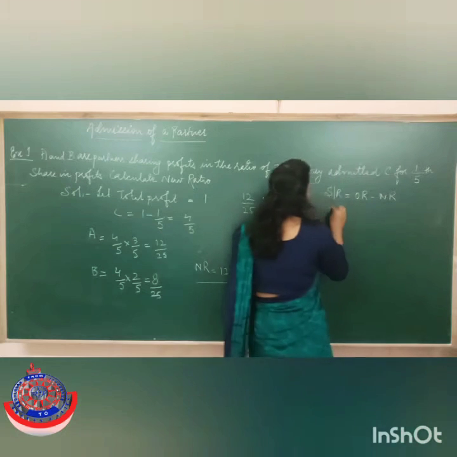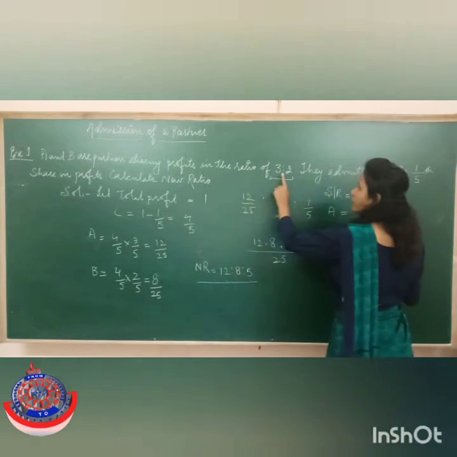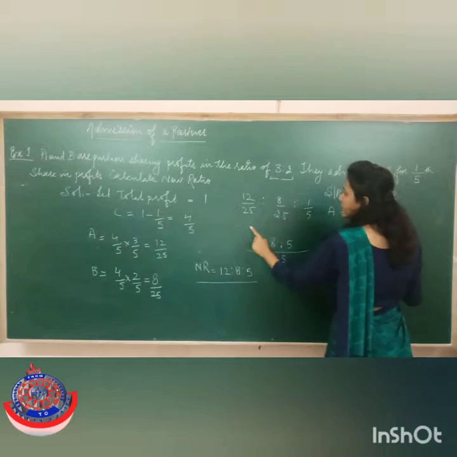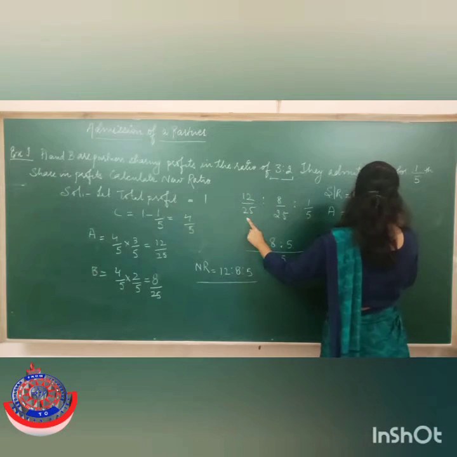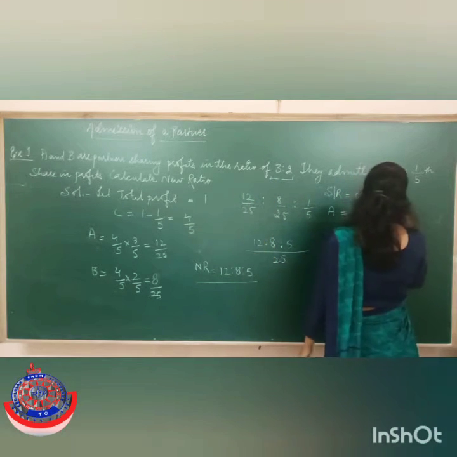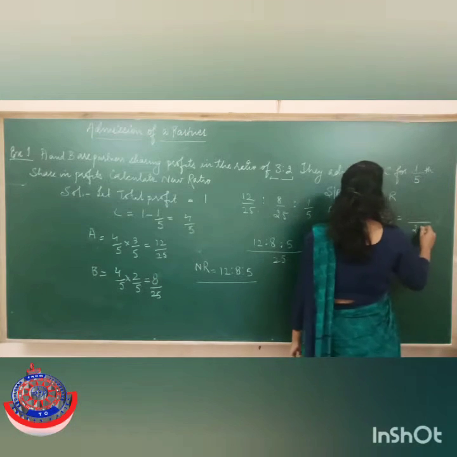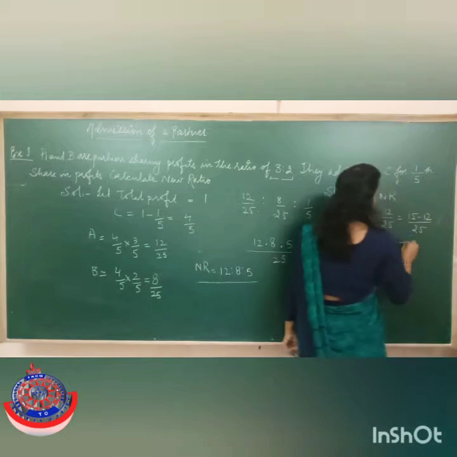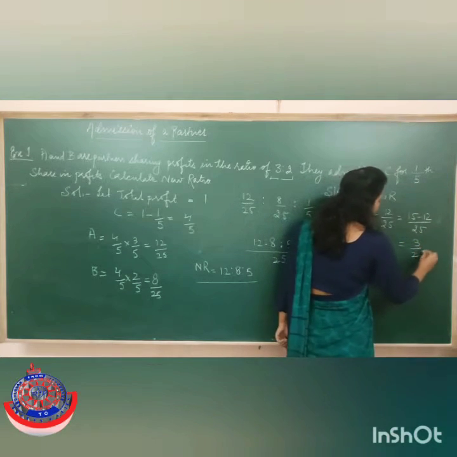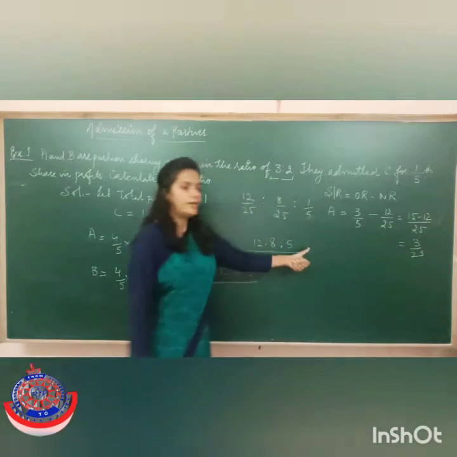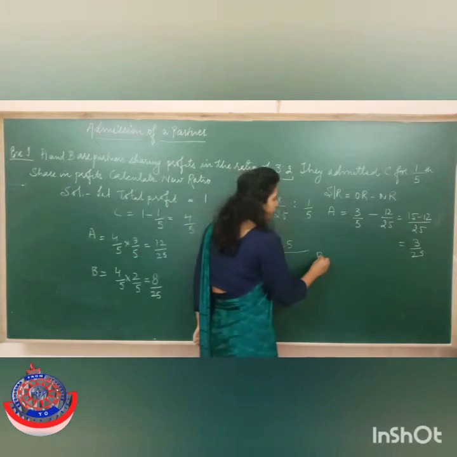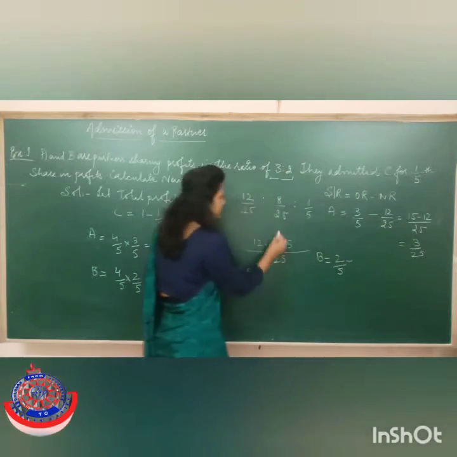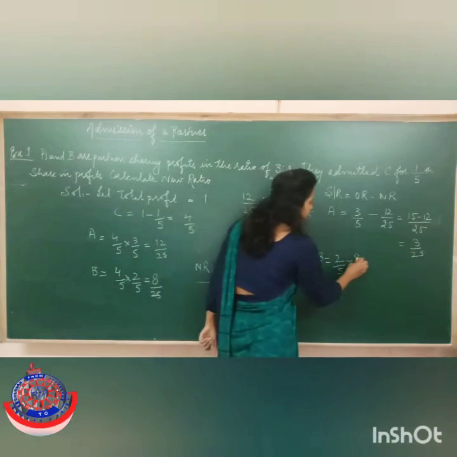So A's old share was, your old ratio was 3/5. A's new is 12/25. So calculate sacrificing ratio. Take LCM. It will be again 3/25. So same way, if I want to calculate for B, it will be B's old share minus B's new share.